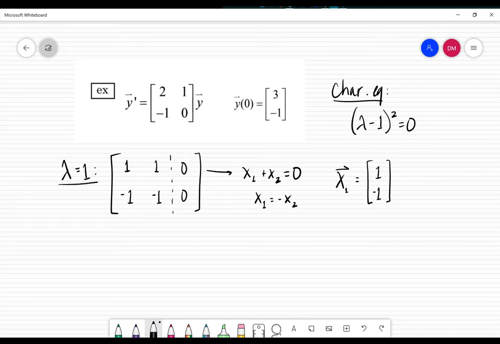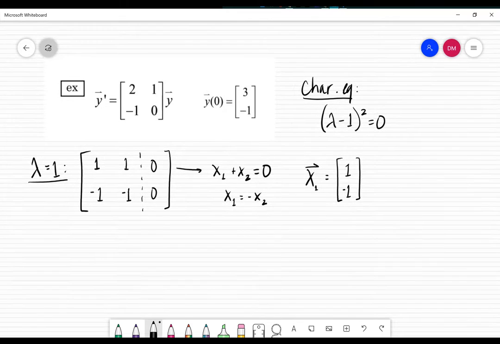I challenge you to try to come up with a linearly independent eigenvector. You won't be able to do it. So that would mean that our algebraic multiplicity, because we got a repeated root whose multiplicity was 2, is not equal to our geometric multiplicity. We could not come up with 2 linearly independent eigenvectors.